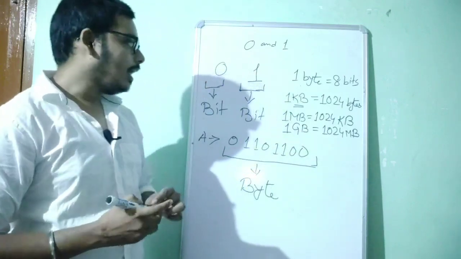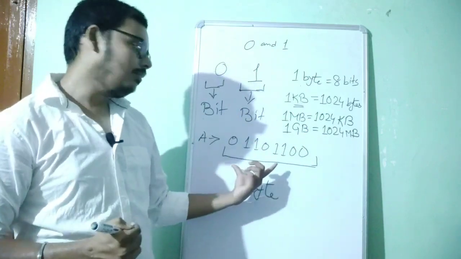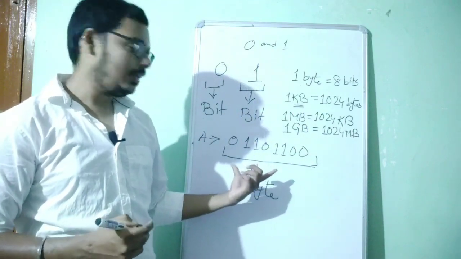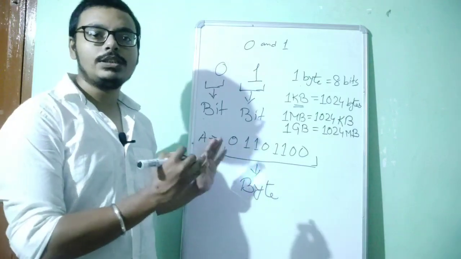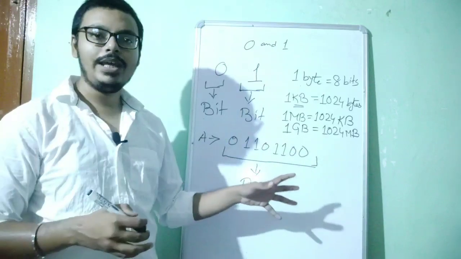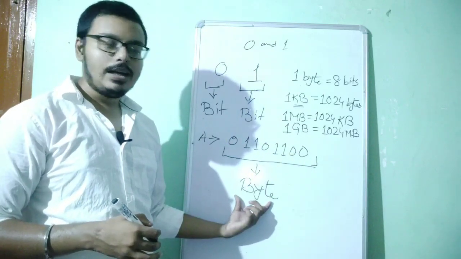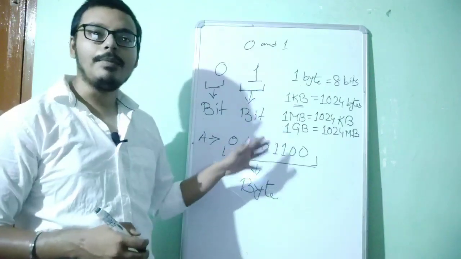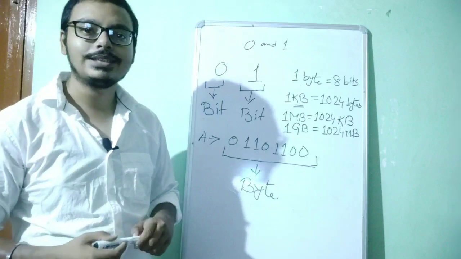Now these are the sizes, and this is how data is represented. Again I am saying, data is represented by combinations of 8 bits or multiples of 8 bits, and that is called a byte. Now, if I have to say half of a byte, half of 1 byte will be how many bits?